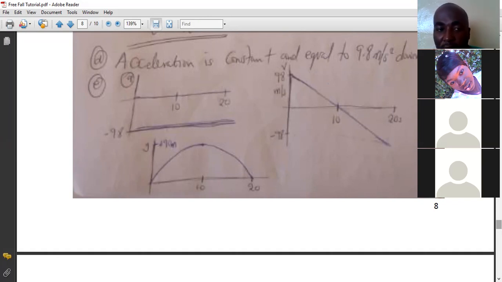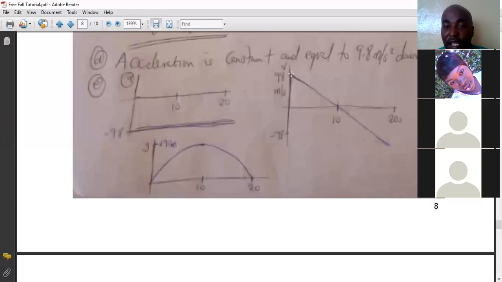Yes, acceleration is a straight line because acceleration is constant. So we have a straight line parallel to the x-axis. Remember? Then here position is quadratic, parabolic. Then here the velocity-time graph is a straight line.